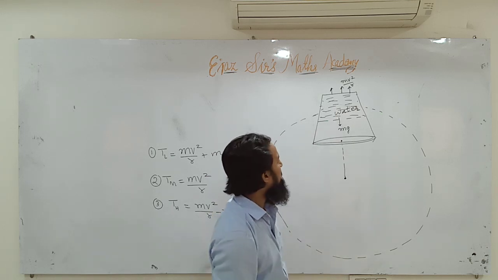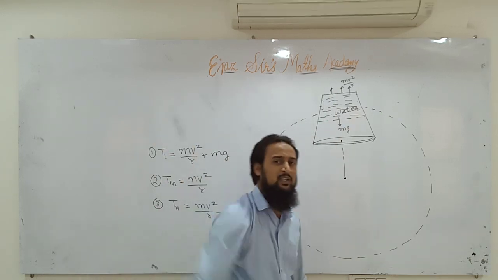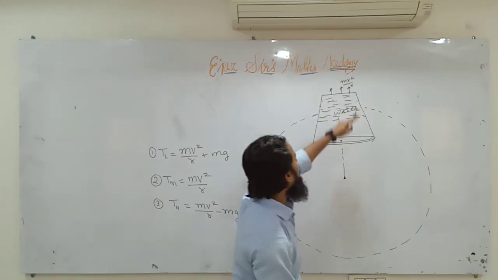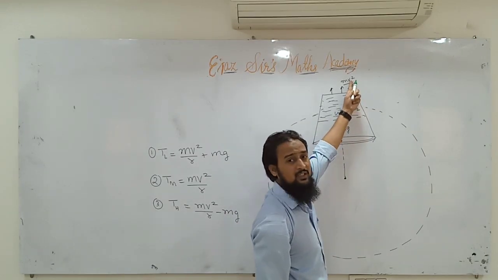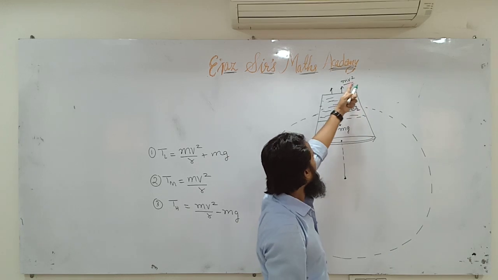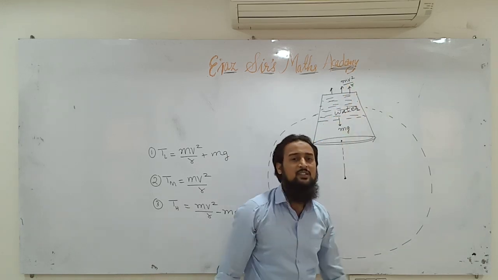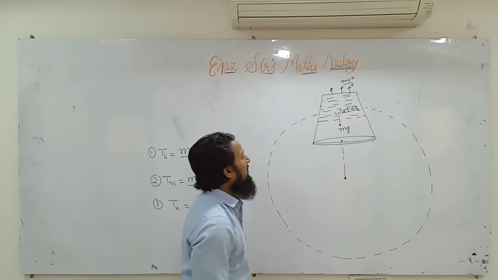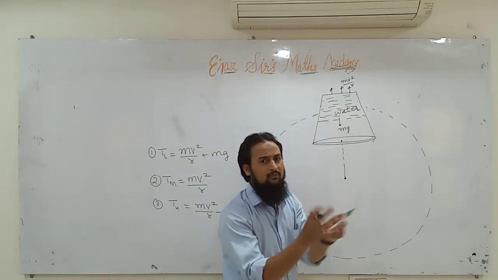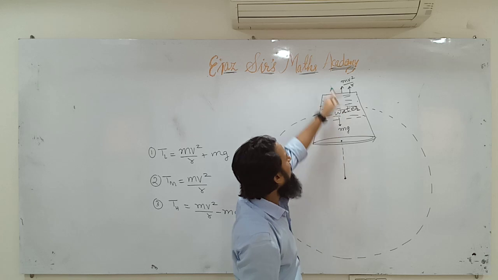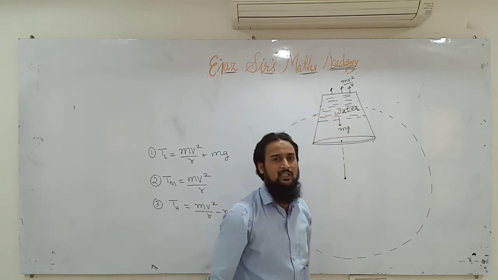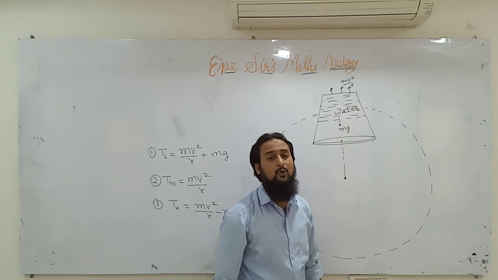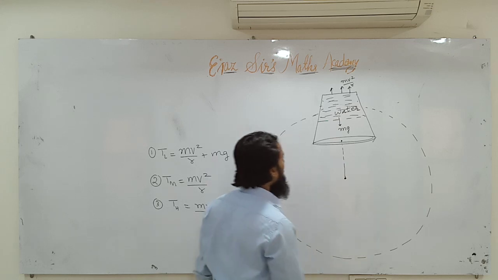But if I increase the speed v, the increase in speed will cause increase in centrifugal force. If the centrifugal force increases, it will balance. A time will come when the centrifugal force will be just exactly equal to the weight of the water, and at that time water will not fall down.